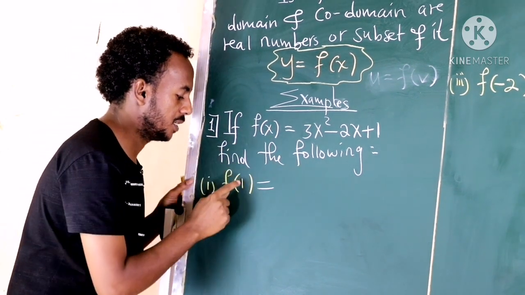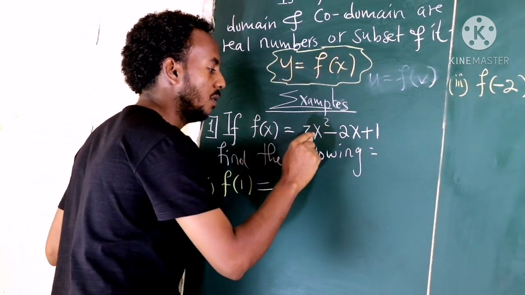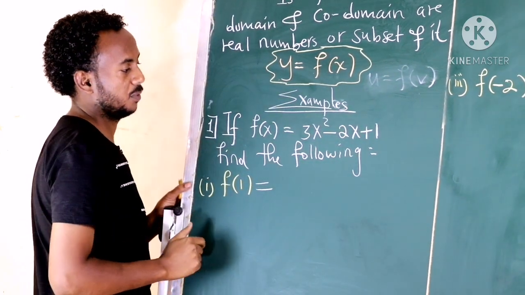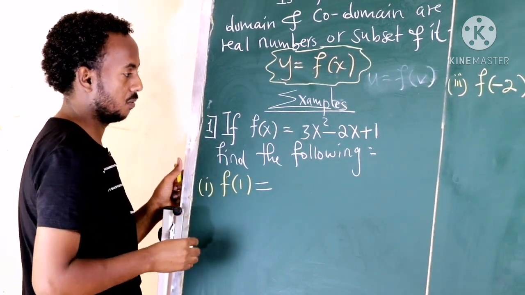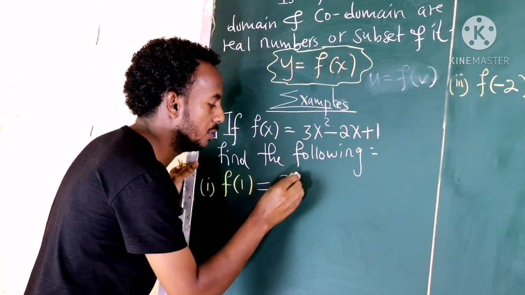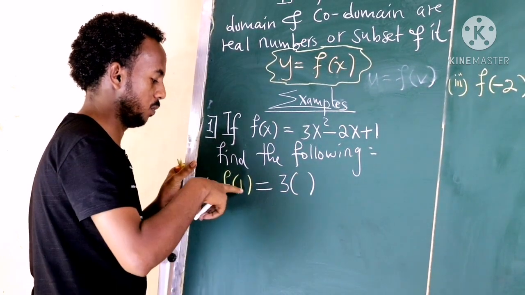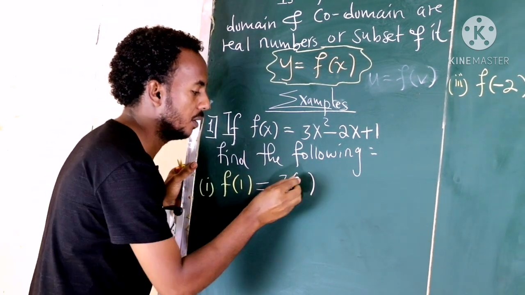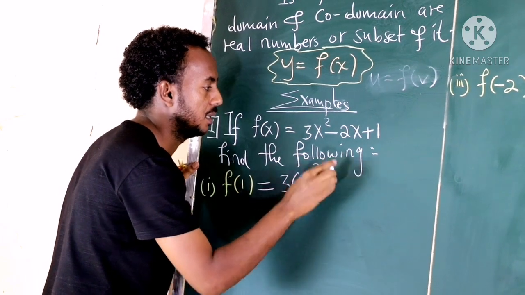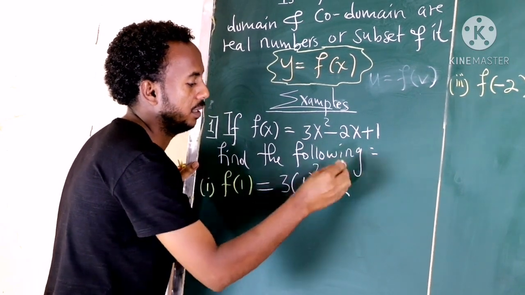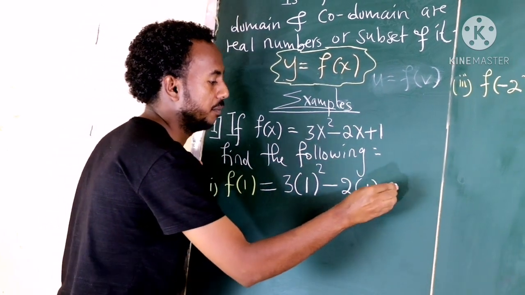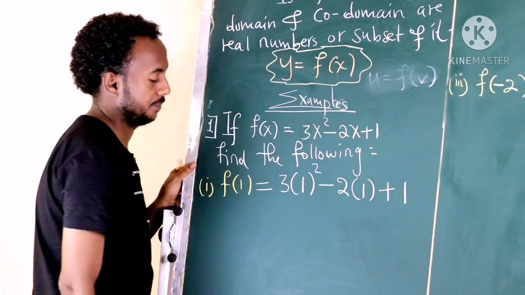Because here x is replaced by 1, we shall take all those x out and put 1 in their position. So how does it look? This 3 will remain as it is. This x will be replaced by what is sitting inside this bracket, which is 1. I will keep the power, keep the minus, keep the 2, and another x here also to be replaced by the same one, and plus 1.